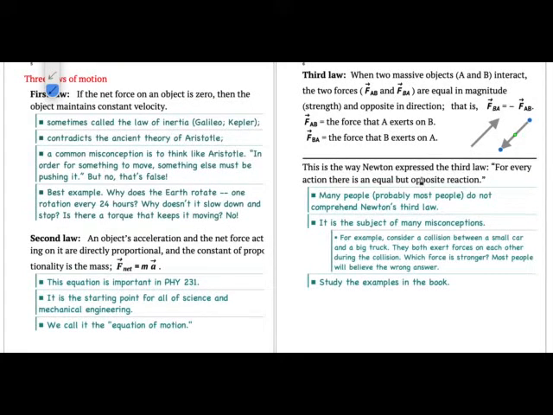Most people don't know what it means. Many people, and I would say probably most people, do not comprehend Newton's third law. They've heard of it, but they don't understand what it means. This is a subject of many misconceptions.